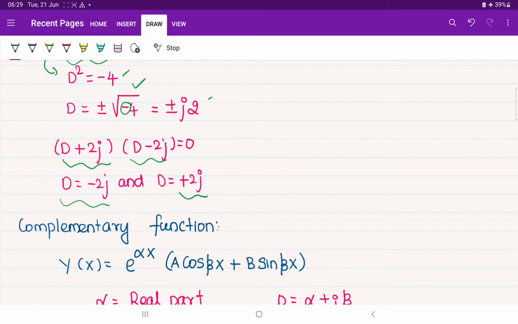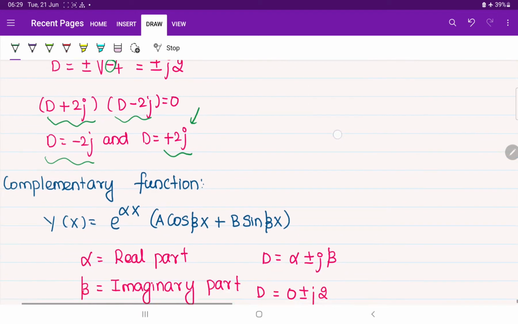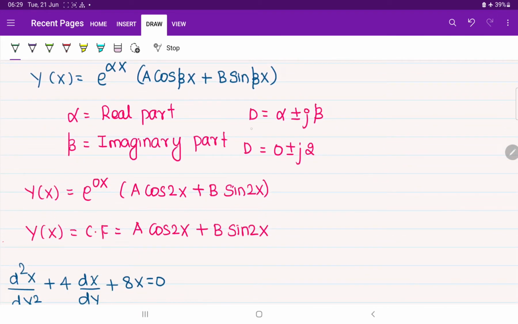In general, we understood how to write down the solution for real roots. Whenever you observe complex roots, complex roots means a combination of real plus imaginary. Here alpha indicates the real part and beta indicates the imaginary part.